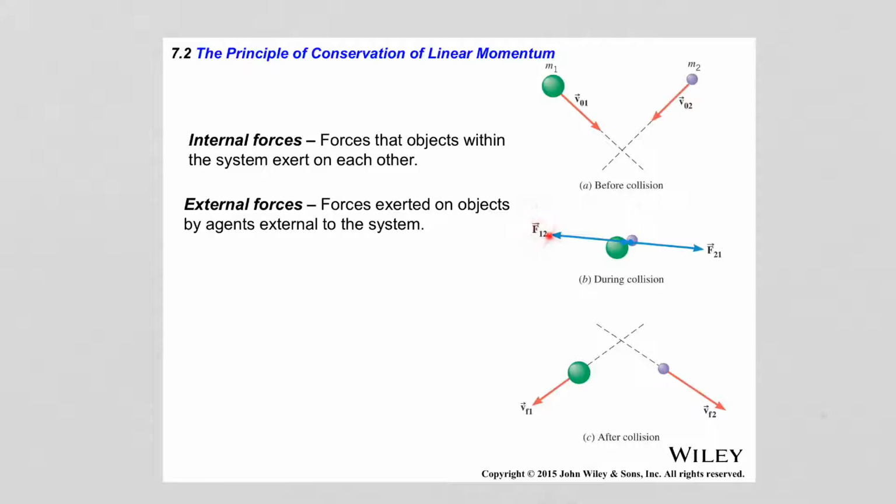The force F12 is the force with which sphere 2 interacts with sphere 1, and F21 is the force with which sphere 1 interacts with sphere 2. That's an internal pair of forces, because those forces arise due to the physical interaction between those two objects of the system. That's why these two forces are the same magnitude but opposite in direction.